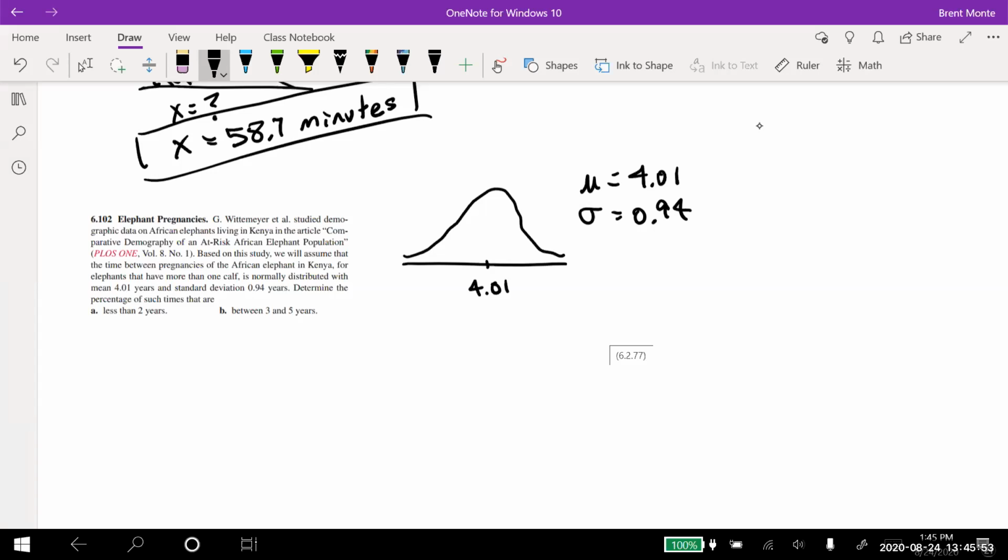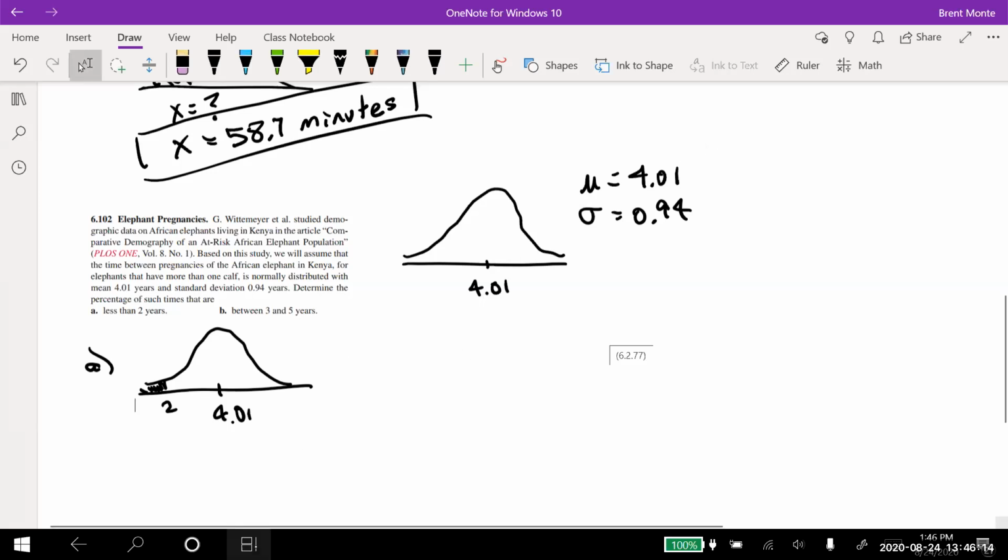So graphically, what we're looking for, part A, remember 4.01 is here in the middle, we want to know less than 2 years. So we're looking for that area, which is going to give us the probability. We'll change to a percentage. All right, so let's check. So let's go back into StatCrunch to do this for us. Does it real easy.